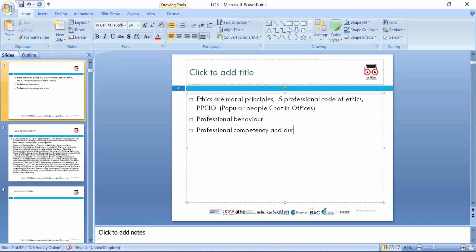Third is confidentiality. We always have to keep the data confidential according to GDPR, General Data Protection Regulation. Then we have integrity, with the I. Integrity means honesty. We're supposed to be honest in our affairs, and O is objectivity.